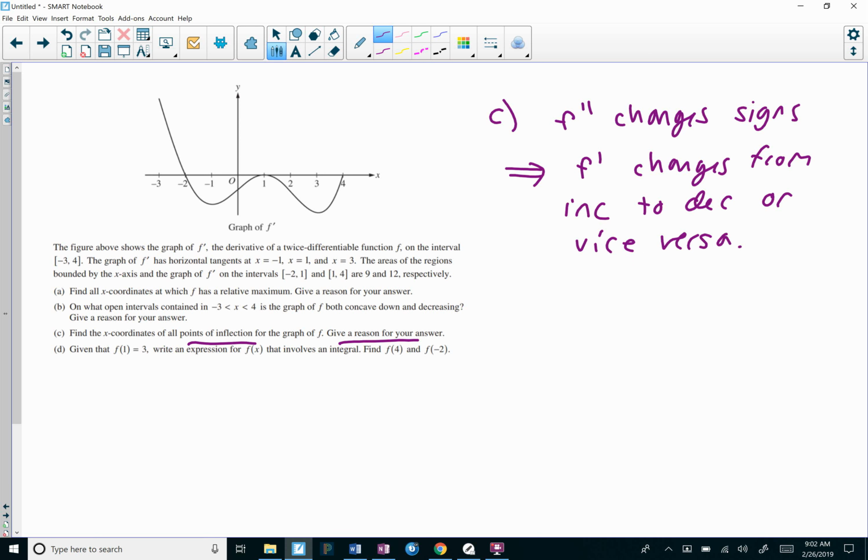Okay, so that's what we're looking for. So that appears to happen. Let's see, we're going decreasing, and then we switch to increasing, then we go decreasing, switch. So that appears to happen at negative 1, 1, and 3. Once again, 2 points.